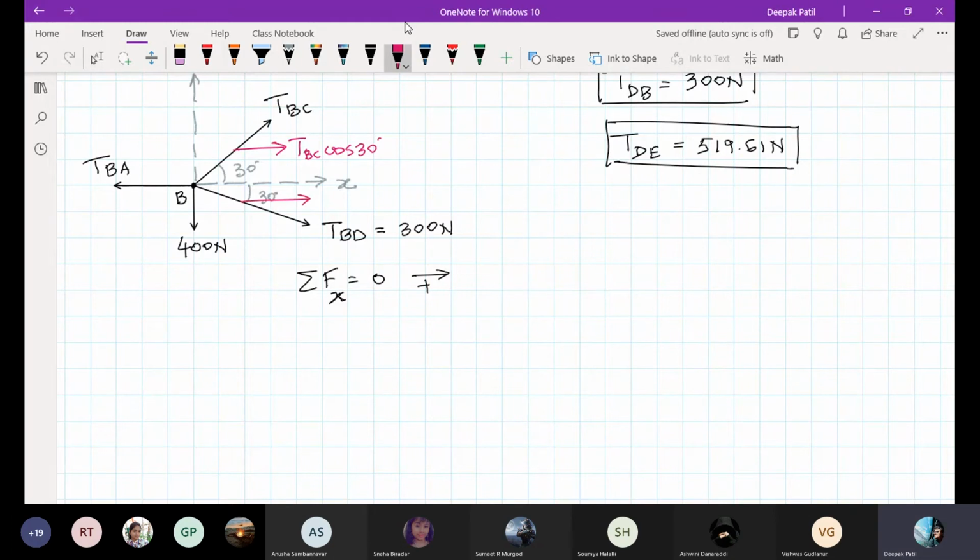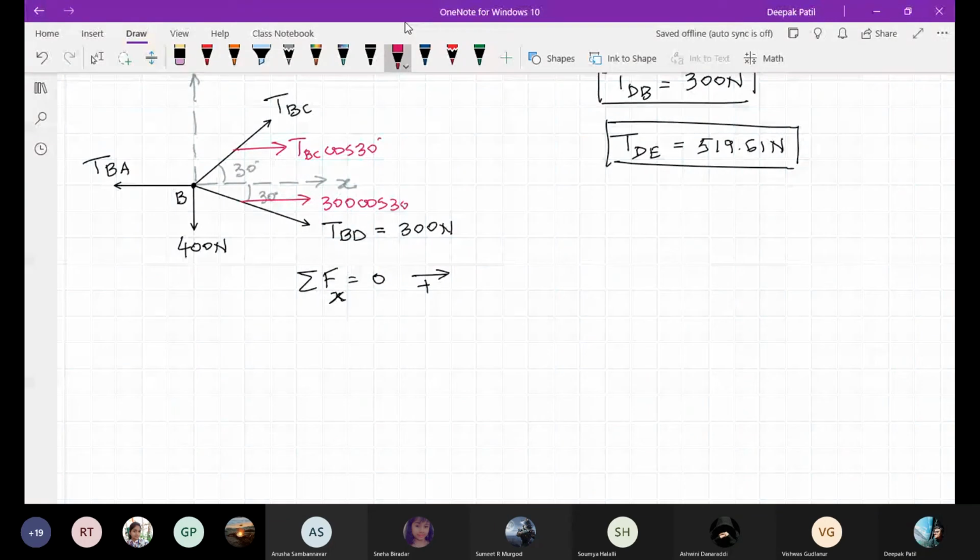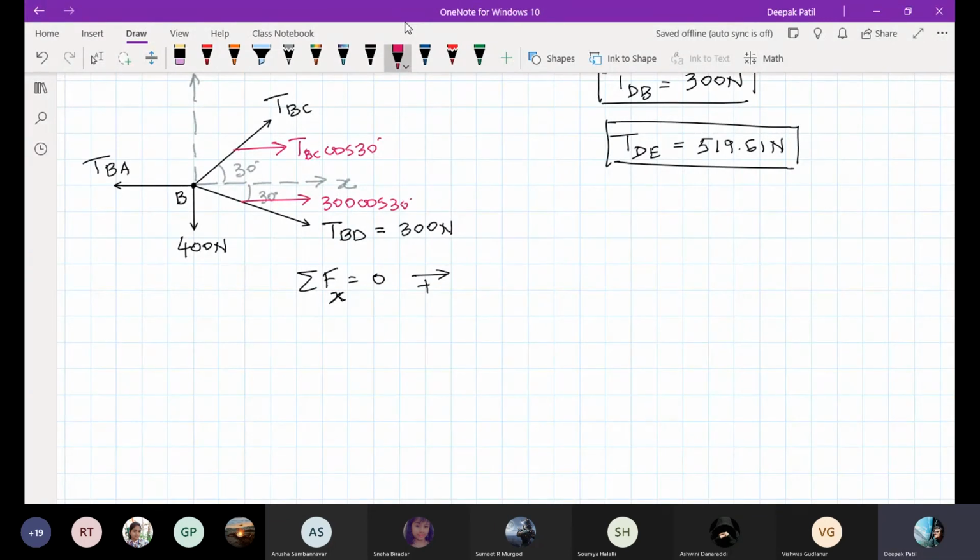And this will be TBD cos 30, but TBD is already known to us, so it is 300 cos 30. The horizontal component of this 400 newton will not come into the picture because it is purely in y direction, and there is no y component of this because it is purely in x direction. So you have to take this directly.